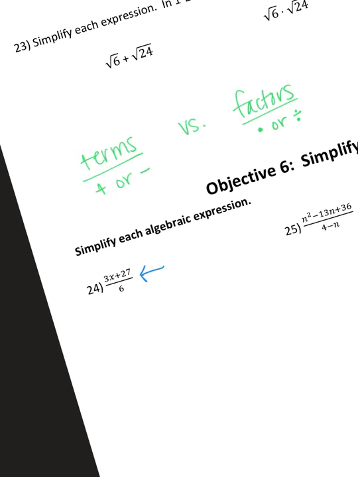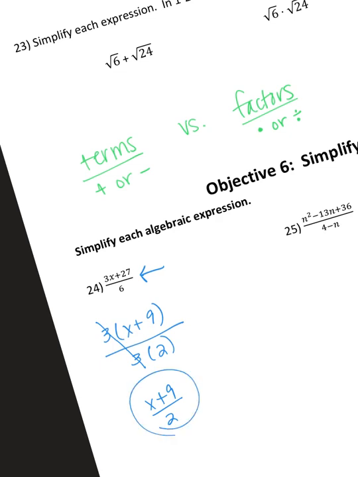All right, so we factor a 3 out of the numerator, 3 times x plus 9. We factor 3 out of the denominator, it's 3 times 2. Because the 3's are factors, they simplify because 3 divided by 3 is 1, so we can get rid of the 3's. Then we are left with x plus 9 over 2. That is the simplified version, okay?